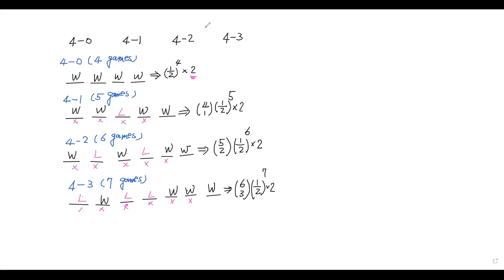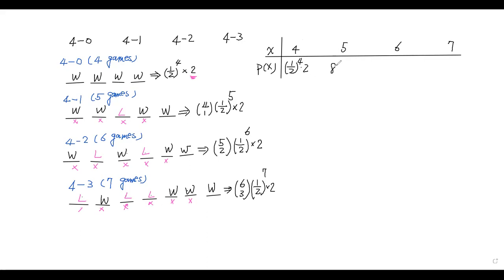So now I need to find the expected value here. So my expected value, this is the number of games. I could have a 4 game, a 5 game, a 6 game, a 7 game. Then these are the probabilities, right? So this is 1/2 to the 4th power times 2, and 4 choose 1 is 4.